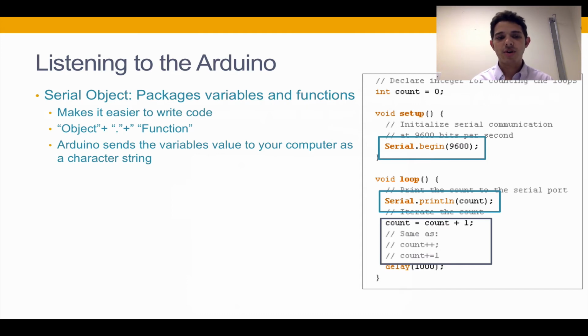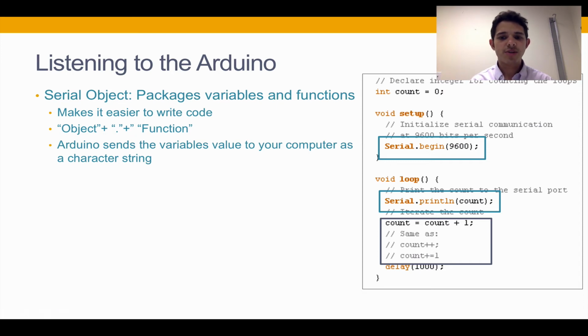The syntax, you'll notice, will use the object name, in this case Serial with a capital S, then dot, and then the function name. So for example, what you see here in the code is we'll use the serial object and then say dot begin to begin a serial communication at a certain communication rate, in this case 9600 bits per second. Then what you can see down below is another use of the serial object.